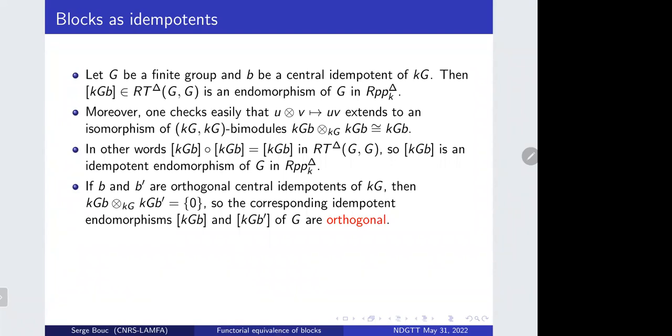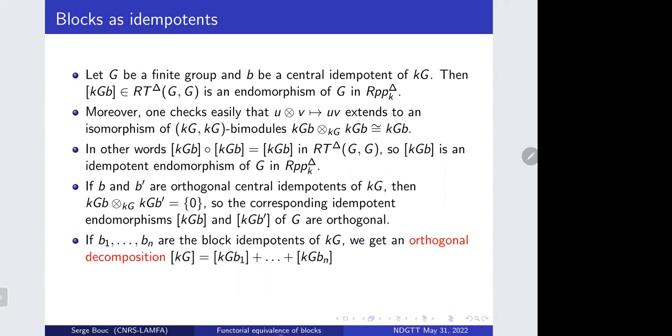And now we can make the list of the block idempotents of kG, which are the primitive idempotents in the center. And we get a decomposition of kG, which is the identity endomorphism of G in that category, as a sum of orthogonal idempotents in the endomorphism algebra of G in that category.